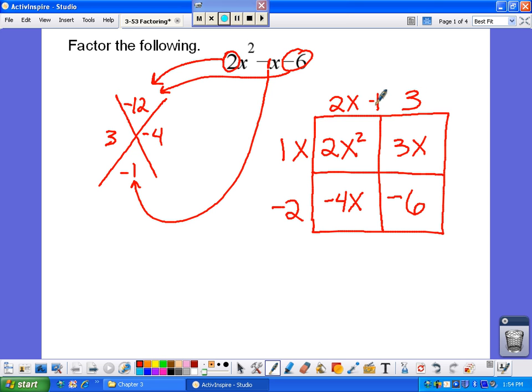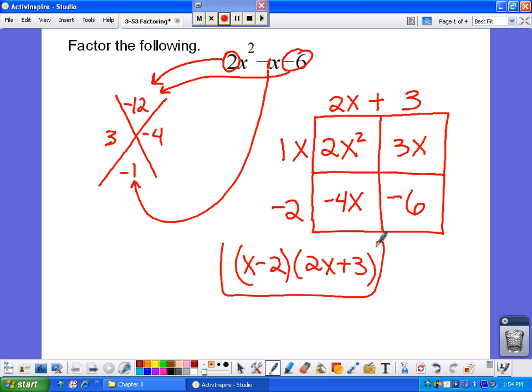So I think this symbol right there should be a plus, and this symbol on the other side is a minus, which we already have. So our factors are x minus 2 and 2x plus 3. If we multiplied them out, we'd get the same thing as we have in the box. There are the factors. So let's try this again.